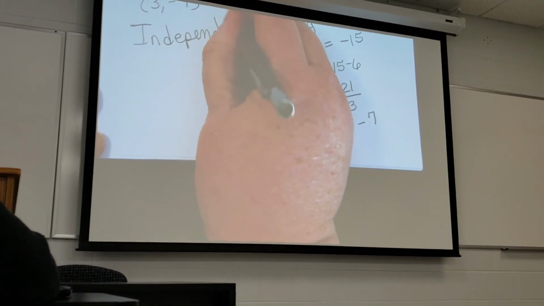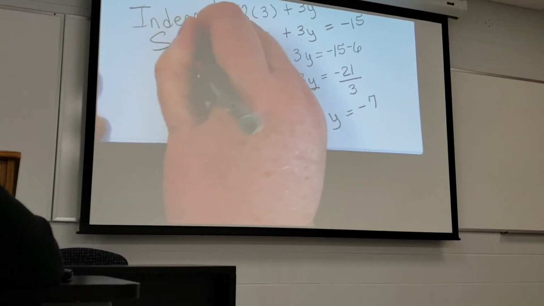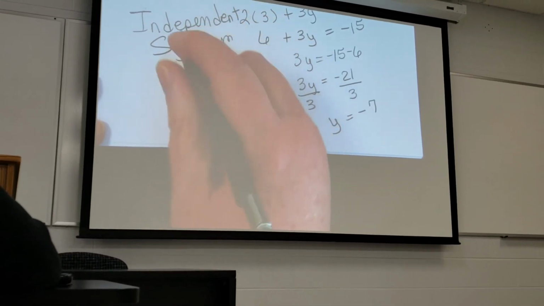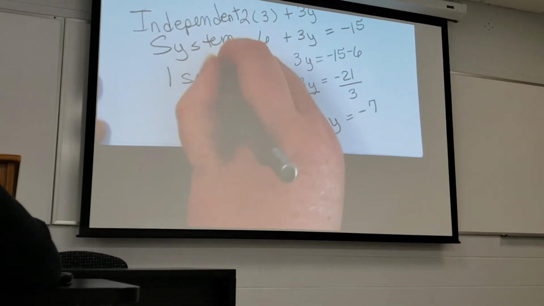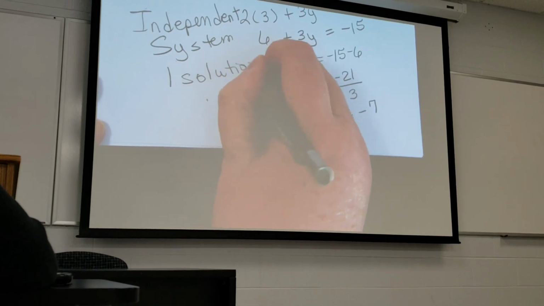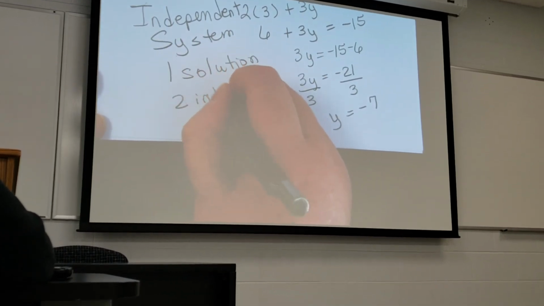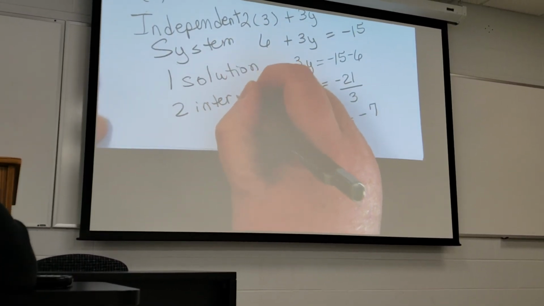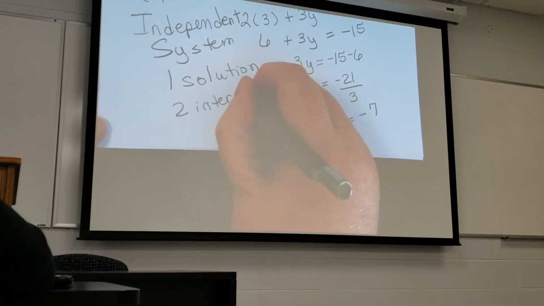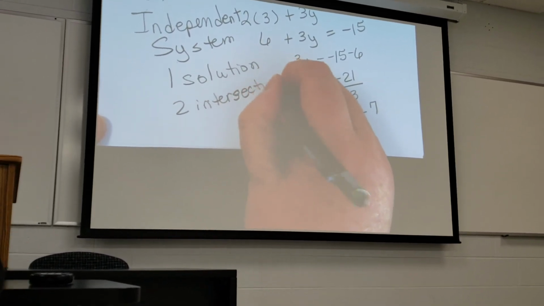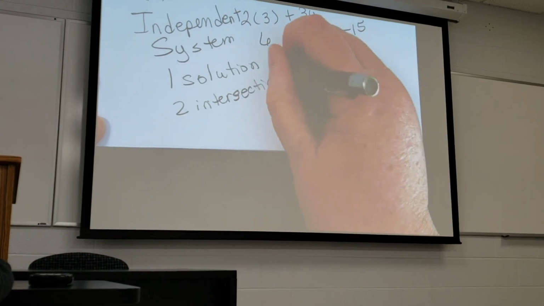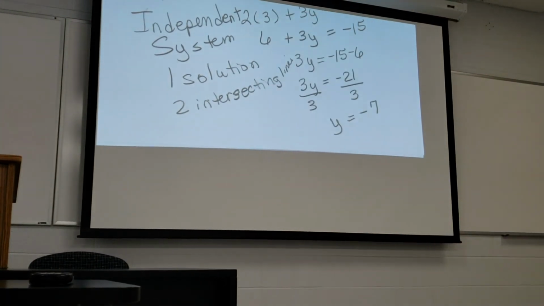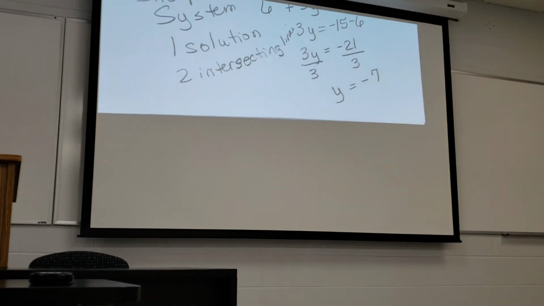How many solutions? One solution. And the graph is 2 intersecting lines, or 2 lines crossing at one point. An independent system will have one solution.